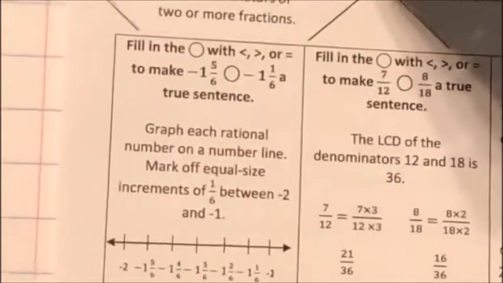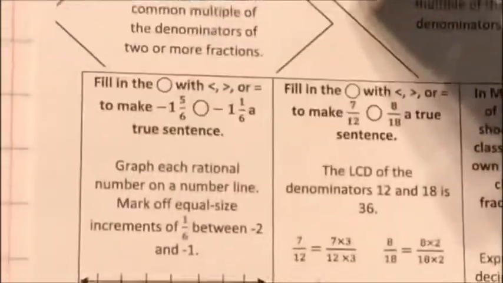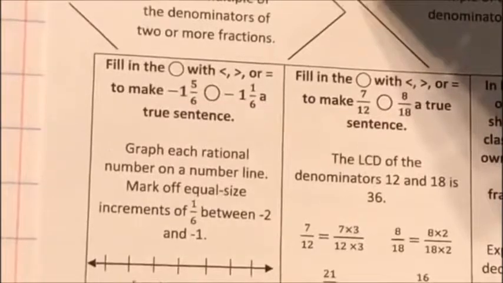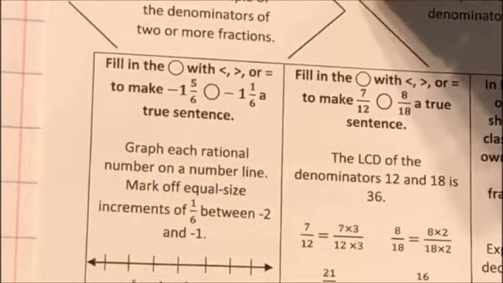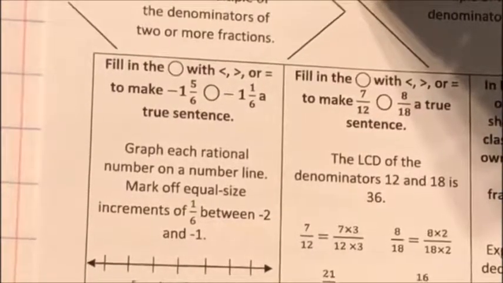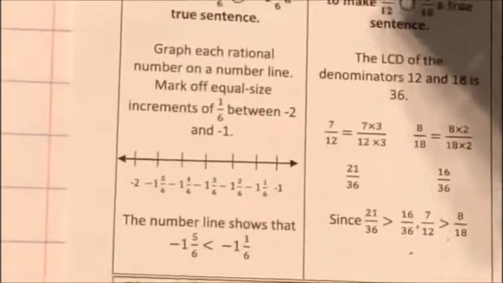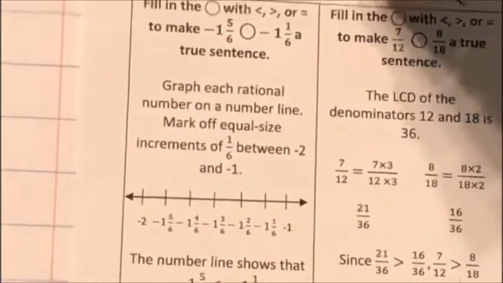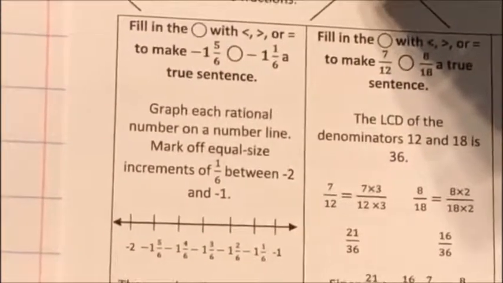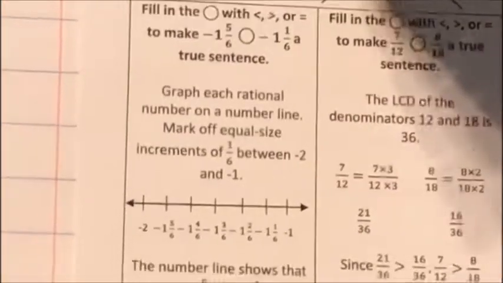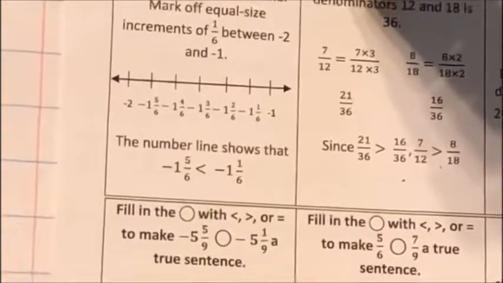The first example says fill in the circle with less than, greater than, or equal to make negative 1 5/6 and negative 1 1/6 a true statement. So what I can do is graph each rational number on a number line, mark off equal size increments of 1/6 between negative 2 and negative 1, because they both have 6's in the denominator.